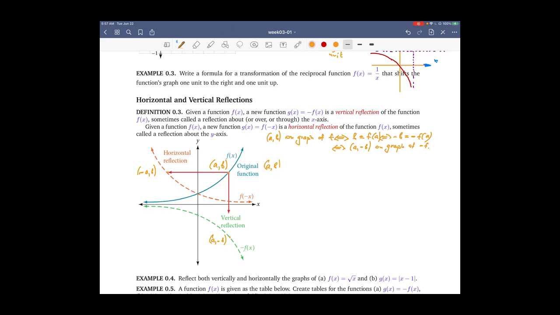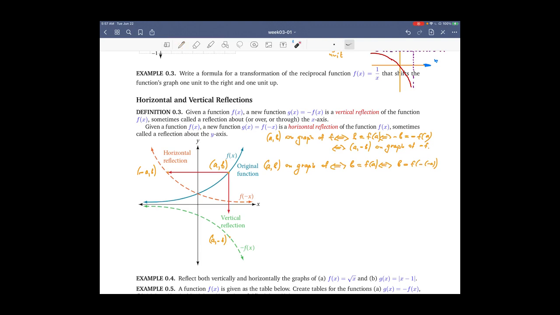A comma b is on graph of f if and only if b is f at a. But b is f at a if and only if b is f at negative a.